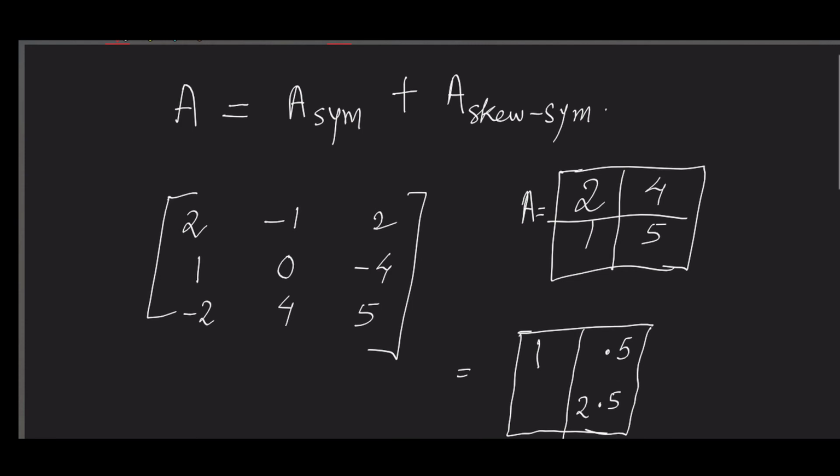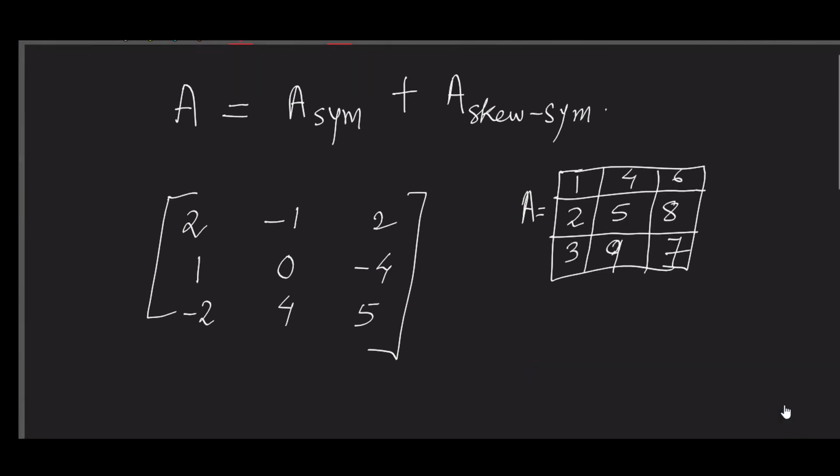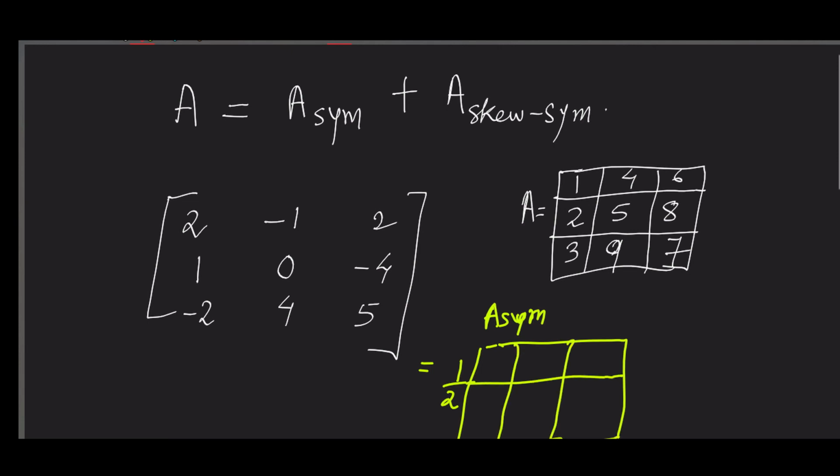Okay, just a minute. Let me change the entries. Okay, so here you can see that this is a matrix. I'm going to write first the symmetric matrix. So that will be half. First, we need to place the diagonal elements.